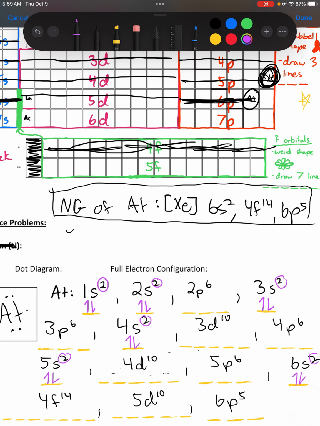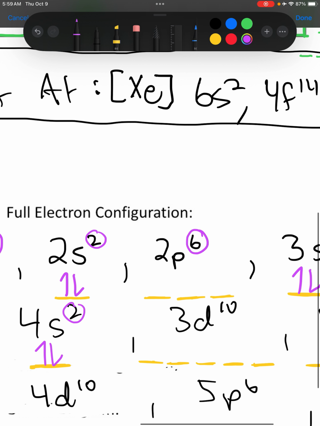All right, now every time you see the letter P, we're going to put that amount of arrows on the line. 1, 2, 3, 4, 5, 6.